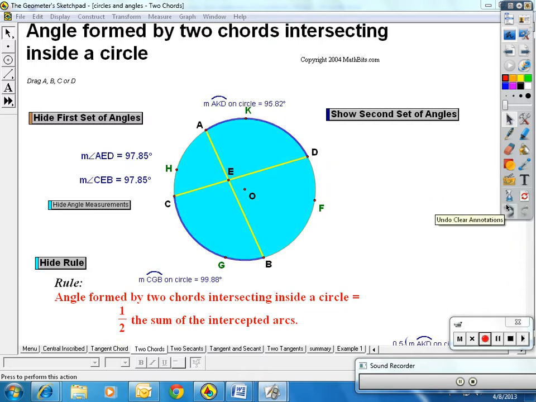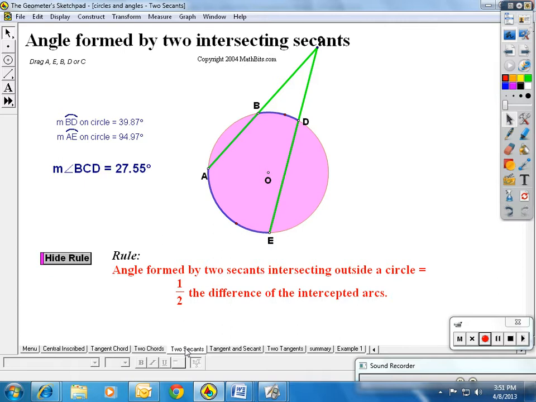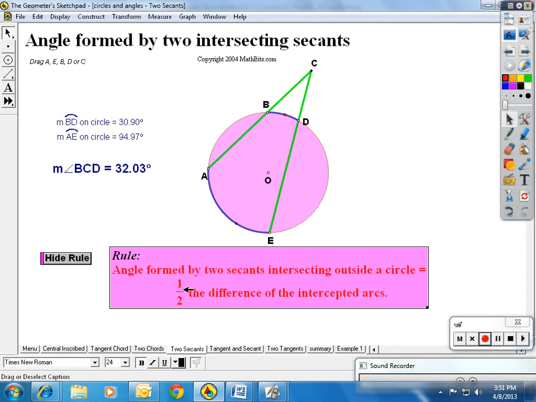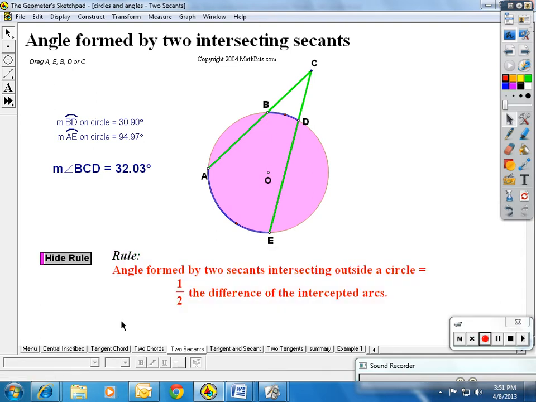Let's look at the two secants. So now I've got two secants. Where's the angle at? Notice it is not on, but it is outside the circle. You can see your rule right here. Again, I said that a number that's going to come up a lot is 1/2. In this case, it is 1/2 the difference of the intercepted arc measures.